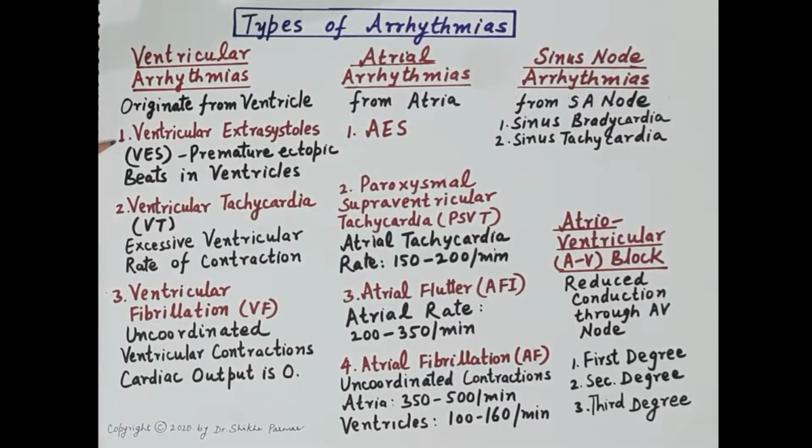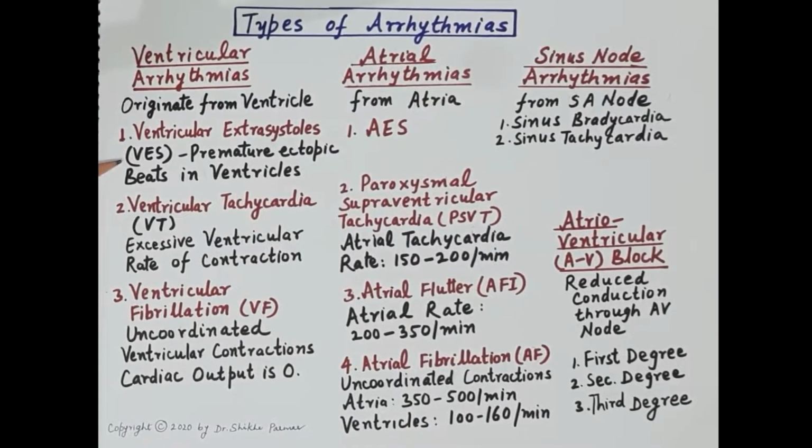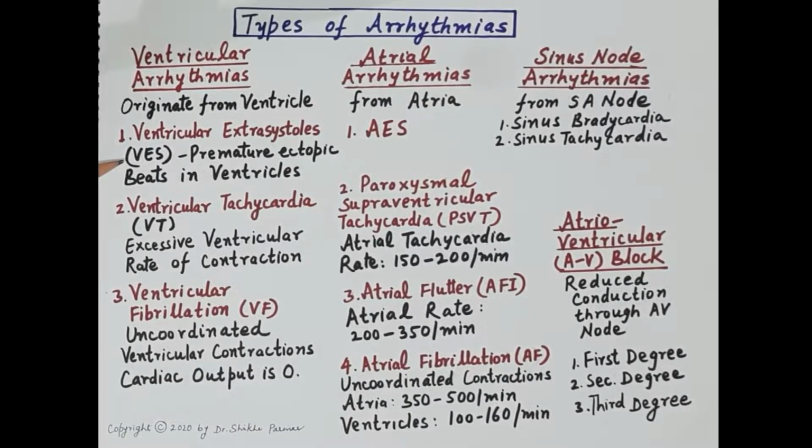The pathophysiology of extrasystoles we have already seen, that is early after depolarization and delayed after depolarization. So there is generation of premature ectopic beats, because of the early after depolarization and the delayed after depolarization, in the ventricles, and this is responsible for ventricular extrasystoles.